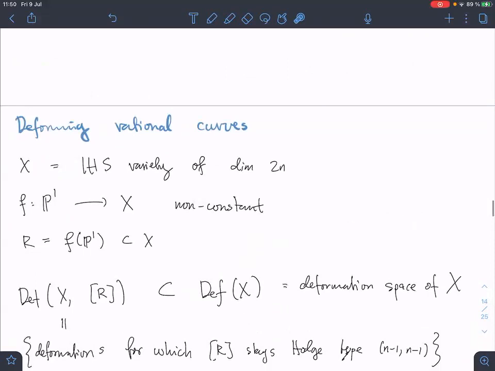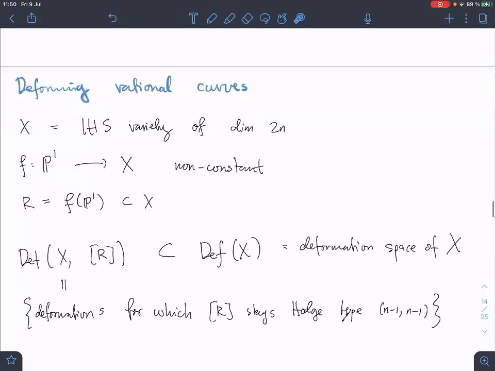Instead of looking at just the Hilbert scheme, we take some irreducible symplectic variety X of dimension 2n, and let's take a rational curve on X. I represent that by a map from P1 into X, and I let R be the image inside X.